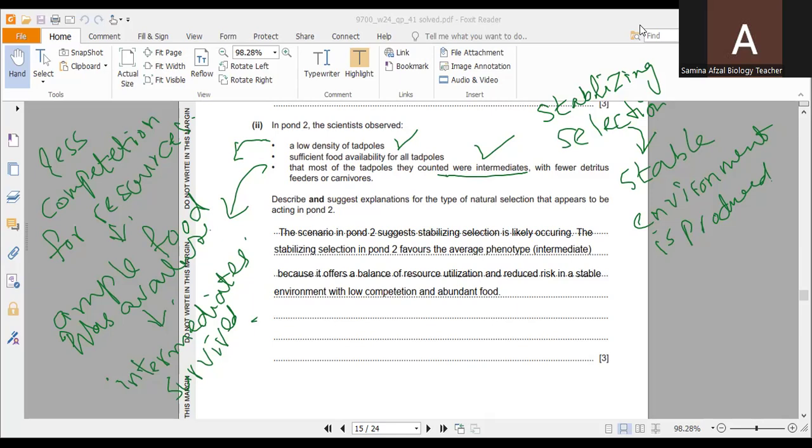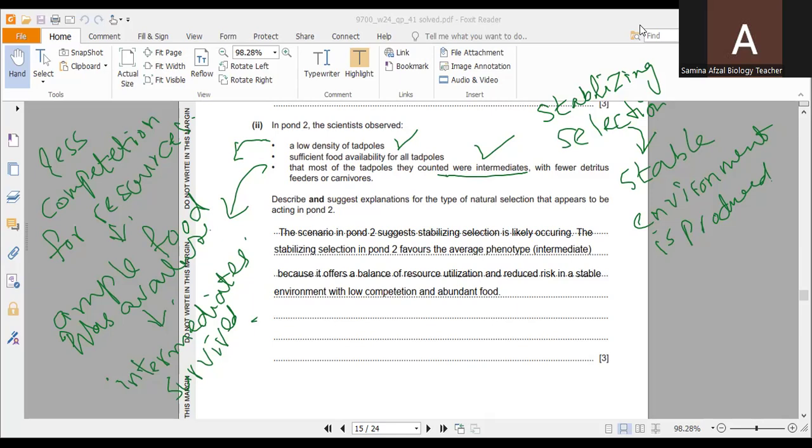If predations are present, tadpoles with extreme traits might be more conspicuous or vulnerable. So we can say that, opposite to pond 1, in pond 1 two types of tadpoles were available because they were best fit in that environment, where there was a high density of tadpoles.